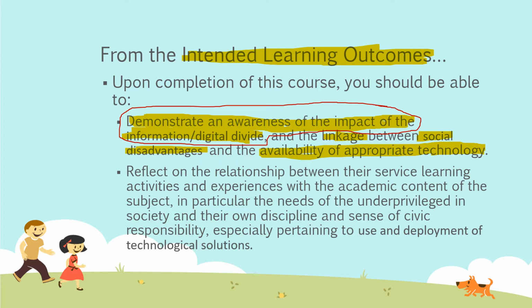In other words, the core relationship of this lesson is that we are going to teach you the keywords that we need to reflect on the relationship between the service learning project, the service learning activity, and the experience with the academic content of the subject.